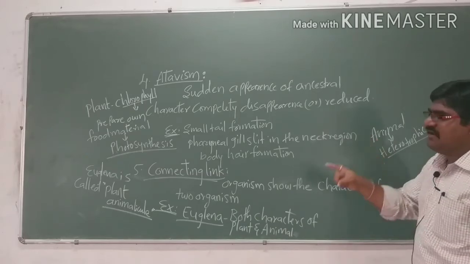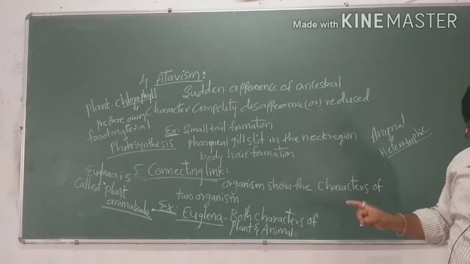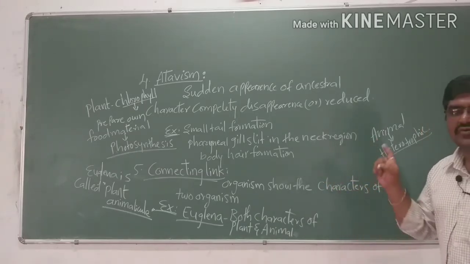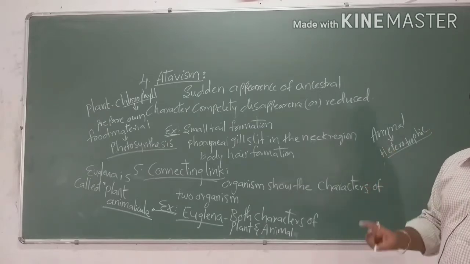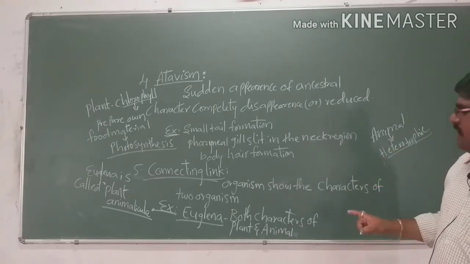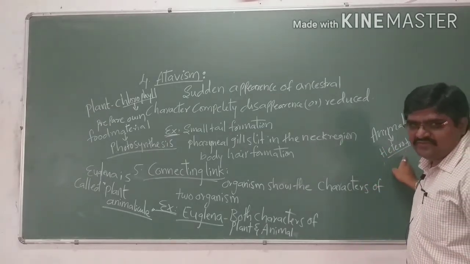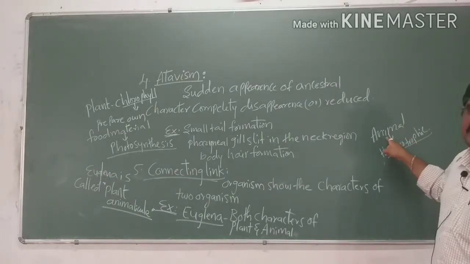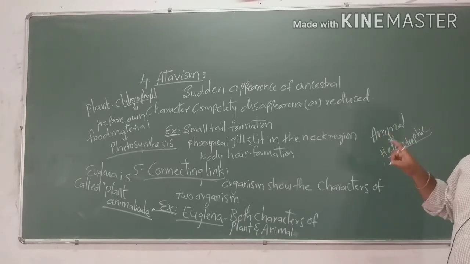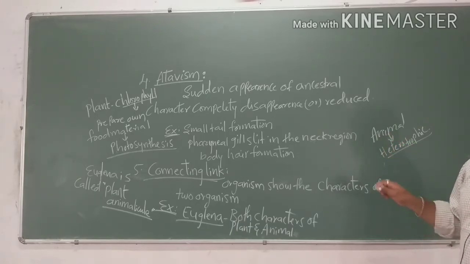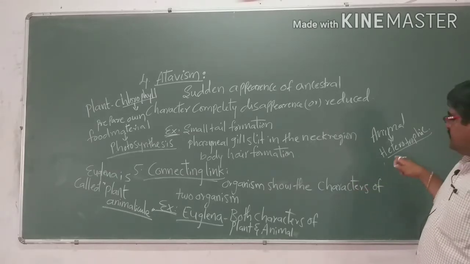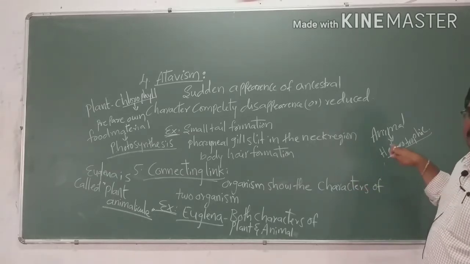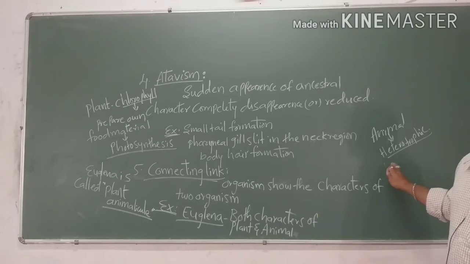When sunlight is available, Euglena can prepare its own food by photosynthesis; if sunlight is not available, it depends on other organisms. So animals are called heterotrophic, meaning they cannot prepare their own food materials. That is heterotrophic nutrition.